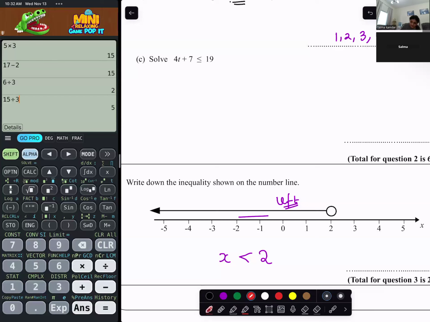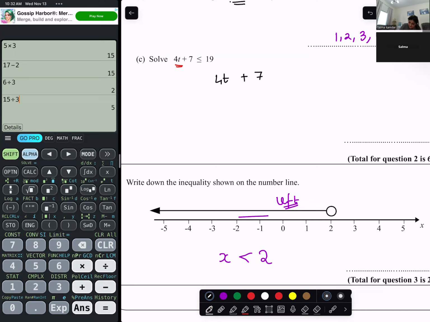Now you can try doing this sum. It is 4t plus 7 is less than or equal to 19. First, I will do minus 7.